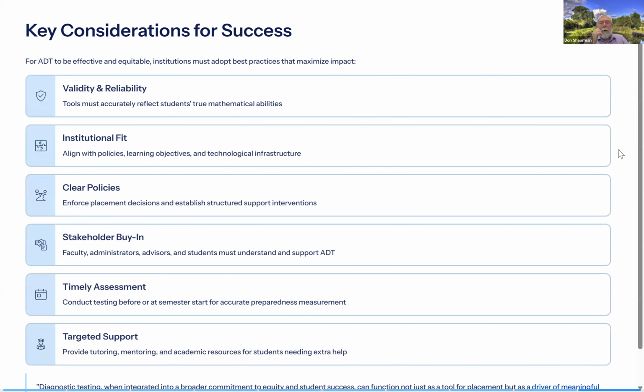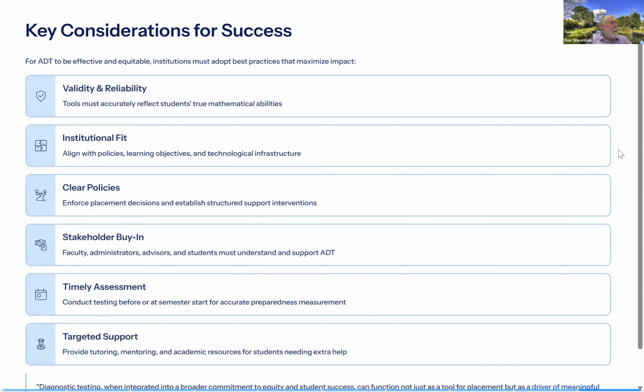So looking at what makes a successful test, these are the points that have come out of our discussion. Firstly, of course, it's got to be valid and reliable, which testing and research will help with, and that's the point we're at here at the moment.